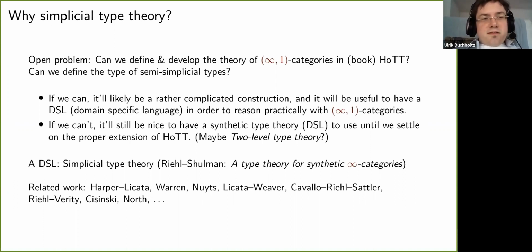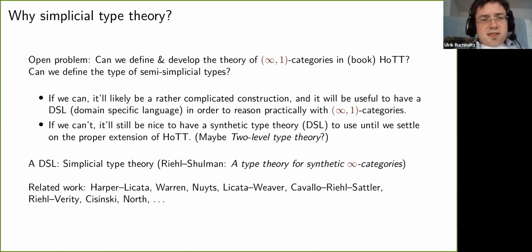Or maybe it turns out that there's an impossibility proof and we have to extend type theory, and maybe we go to two-level type theory, and then it'll still be nice to have this synthetic type theory for higher category theory that we can use.